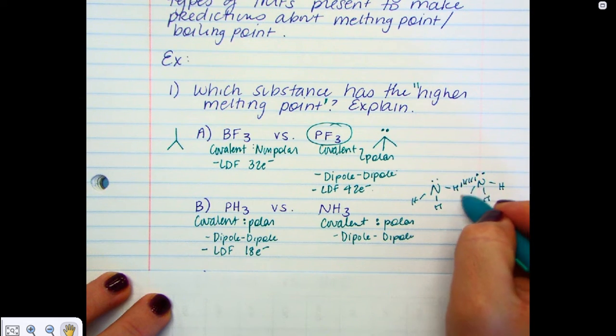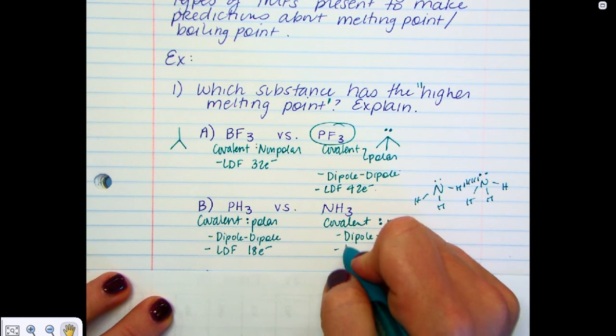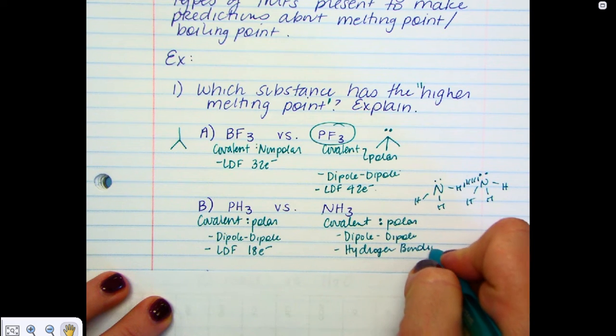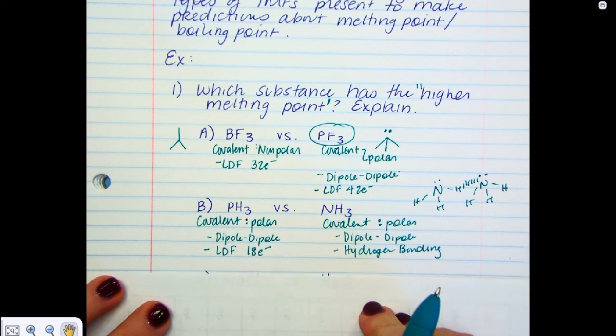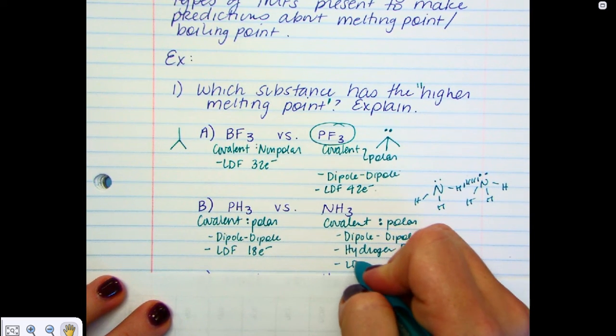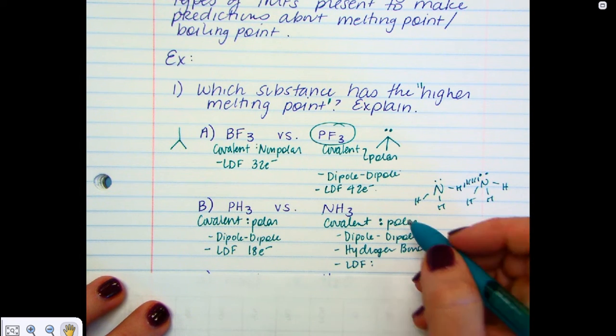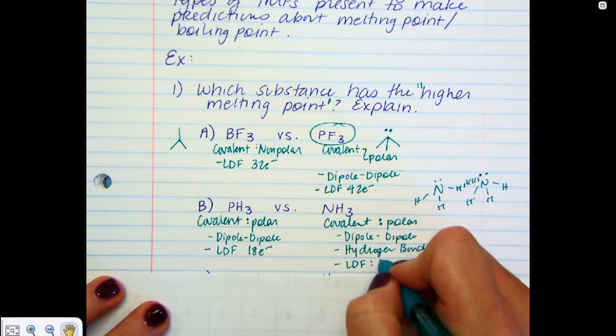That's your attraction. That's your hydrogen bond. So this does have hydrogen bonding. And then London dispersion force. Okay. Nitrogen has 7 electrons plus the 3 from the 3 hydrogens. We're looking at 10 electrons.